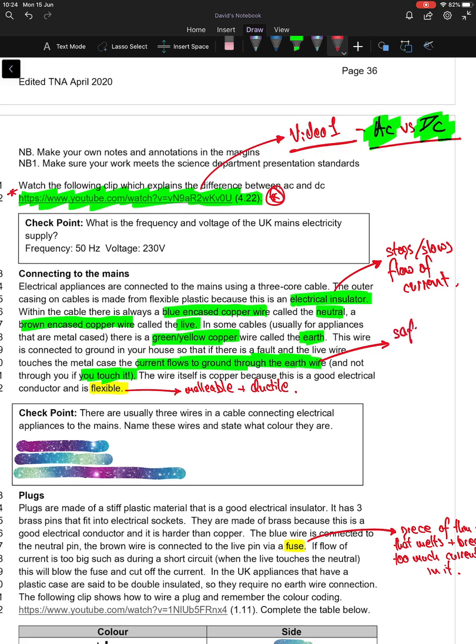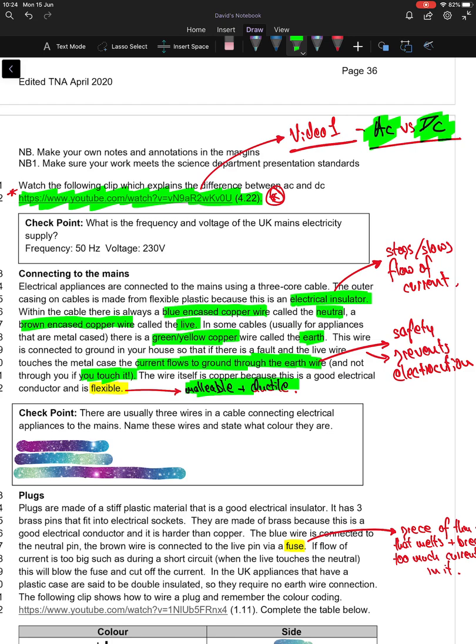So the job of the earth wire is safety, prevents electrocution. Now, the wire itself is copper because this is a good electrical conductor and is flexible.